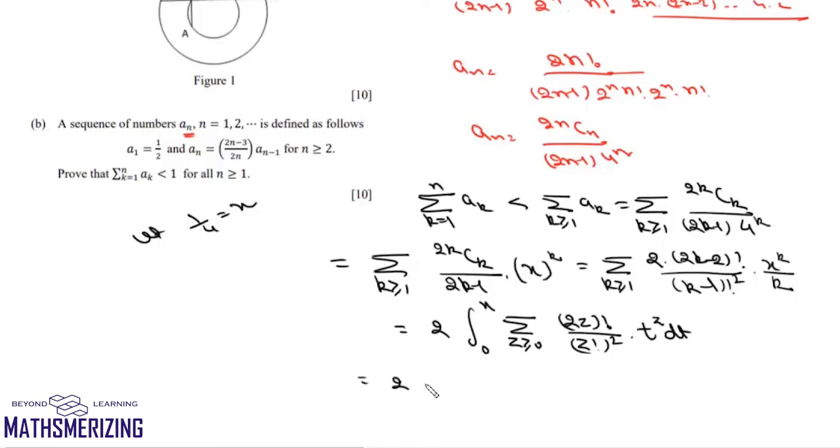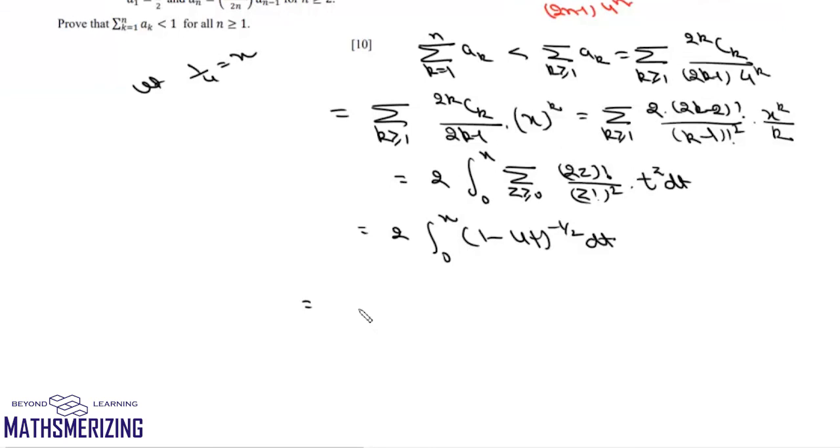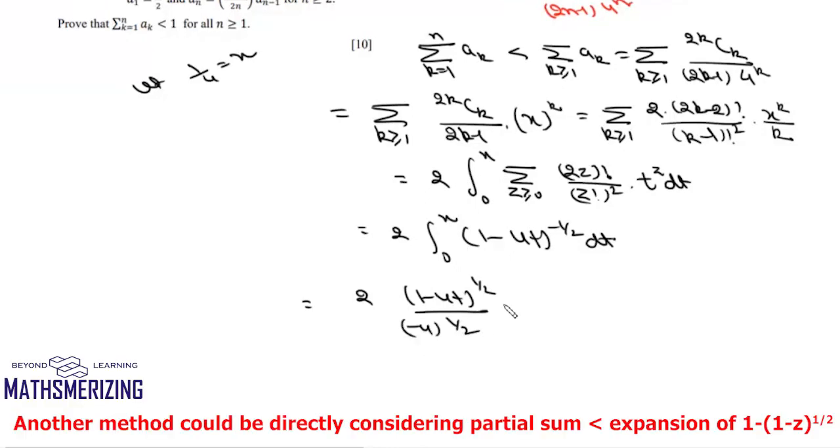Which is 2 into the integral from 0 to x of (1 minus 4t) to the power minus 1 by 2 into dt. Now this integral will be 2 and then (1 minus 4t) to the power 1 by 2 upon 1 by 2, and this is minus 4, from 0 to x. So here 2 and 4 will cancel, so it will be 1 minus (1 minus 4x) to the power 1 by 2.